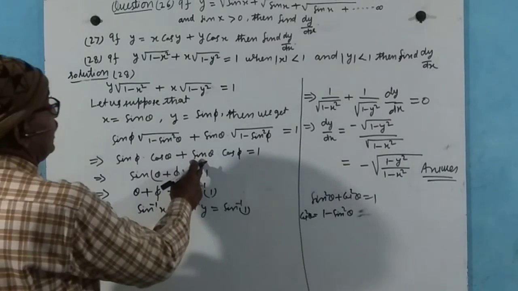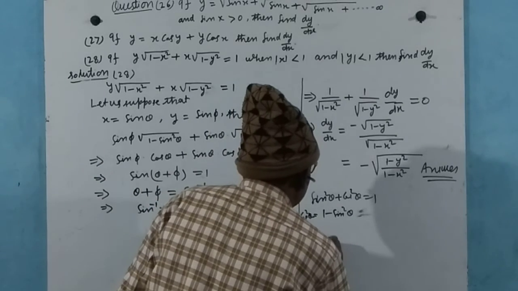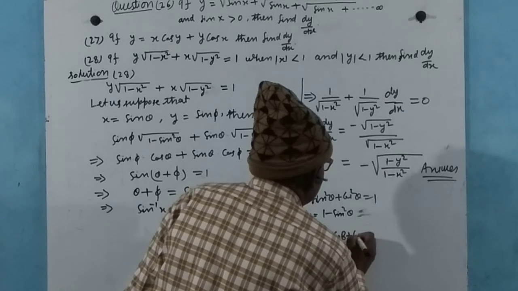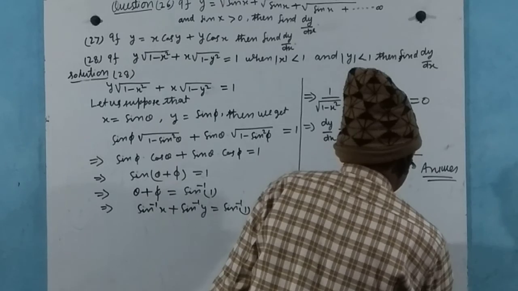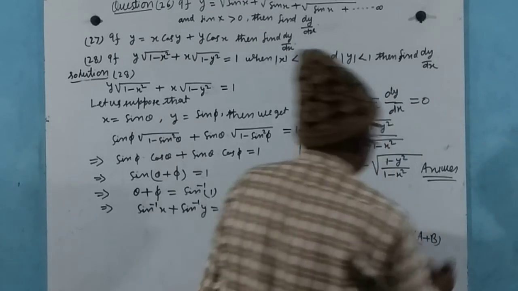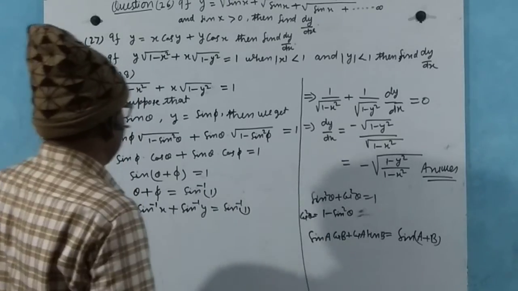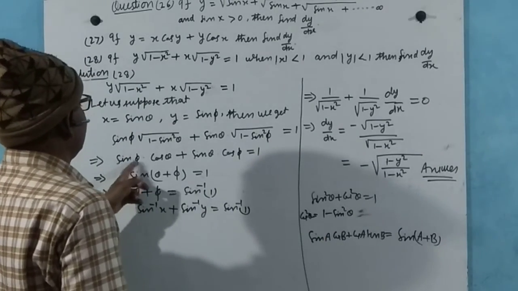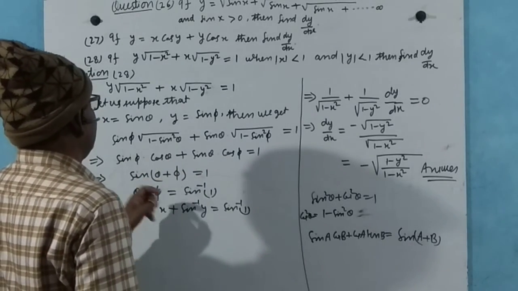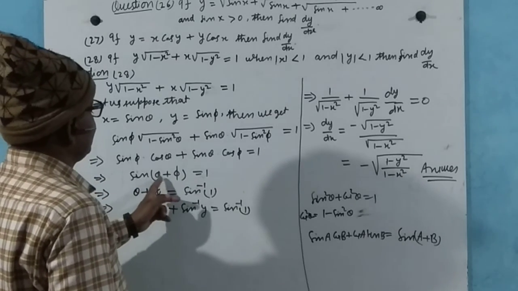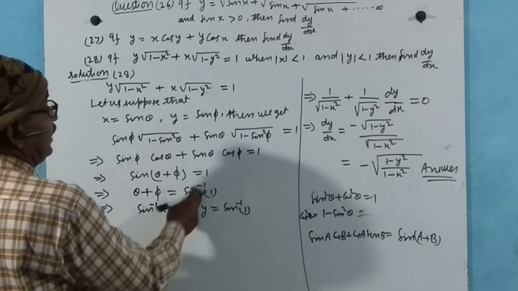Now we know sin A cos B plus cos A sin B equals sin of A plus B. So sin of theta plus phi equals 1, so theta plus phi equals sin inverse 1.